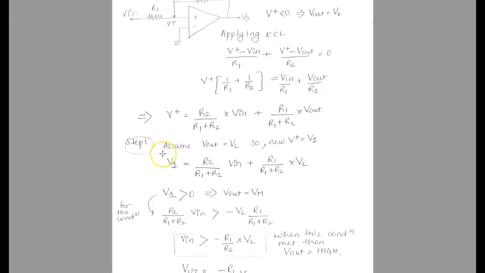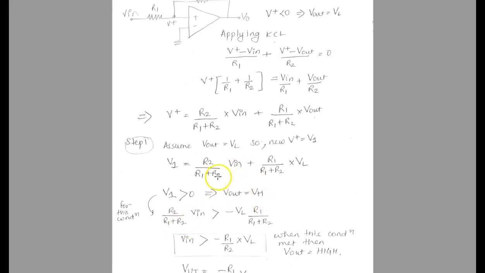Step 1, you assume that the output voltage is equal to VL. So the new V plus is going to be V1. When the output voltage is VL, that will be your V1. When this V1 is greater than 0, then the output voltage is equal to VH.